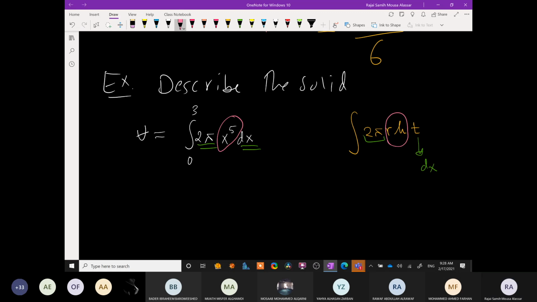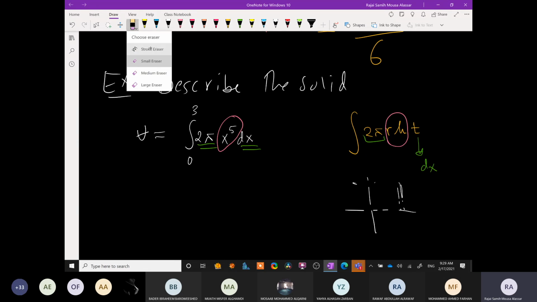Right? We're trying to guess. If this rotation is about the x-axis or the y-axis, Asham? If you have the thickness as dx, the rotation is about the y-axis or some axis parallel to it. So the rotation is about the y-axis.